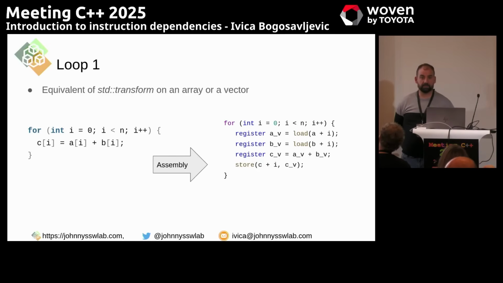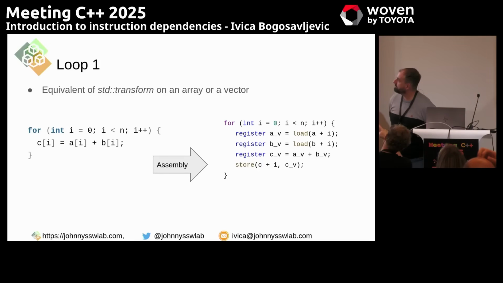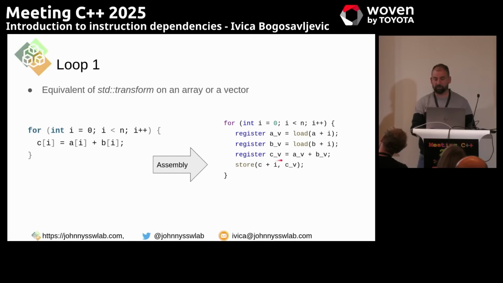And then storing to the CV, another 3, and then storing to C plus I, another 3 cycles, a total of 10 cycles? No, where did you get the 10 cycles? The store to CV is part of the add. Storing the result AV plus BV is part of that single cycle. So the store starts to execute after 4 cycles, and it's done in 3 cycles. So at the end of the 7th cycle, everything's done.